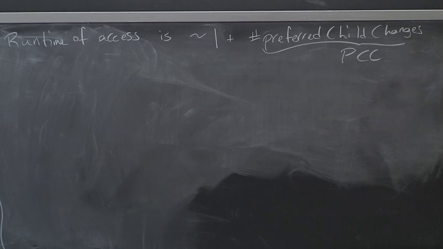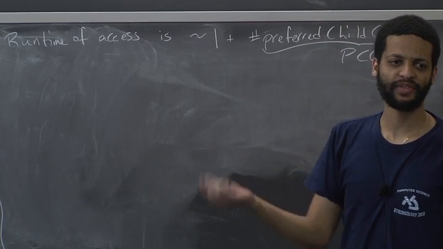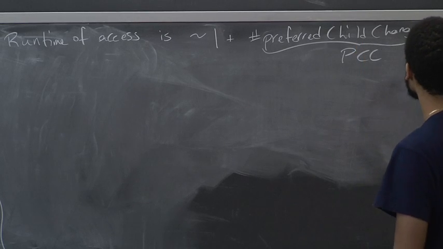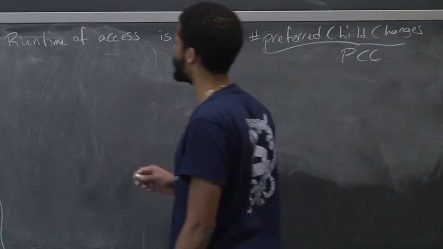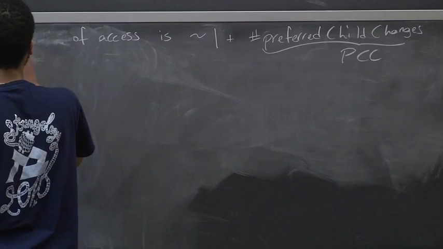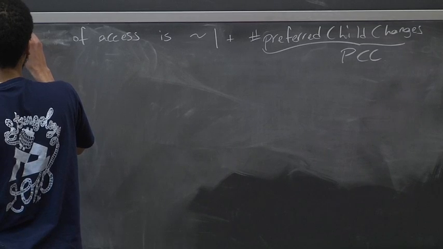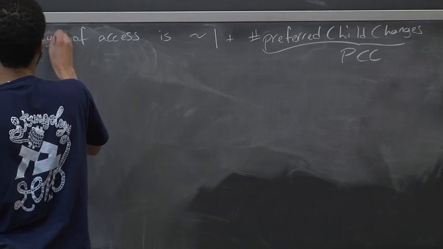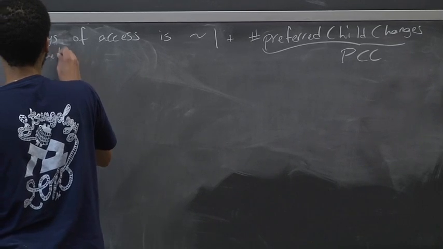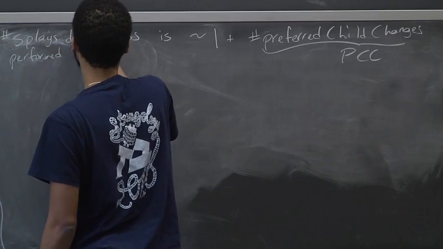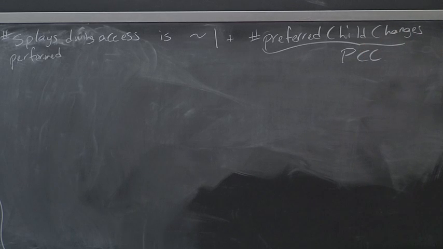Because we keep splaying V upwards in this tree of aux trees, right? And how many times do we have to do that? Not the runtime of access, but the number of iterations of, let's say, splays performed during access is something like that, right?